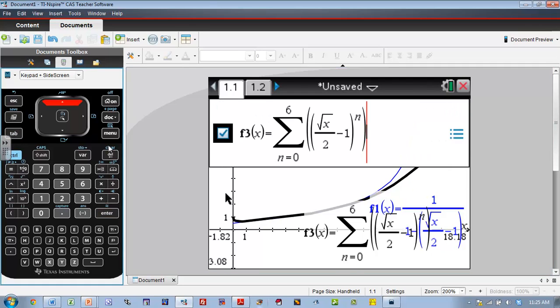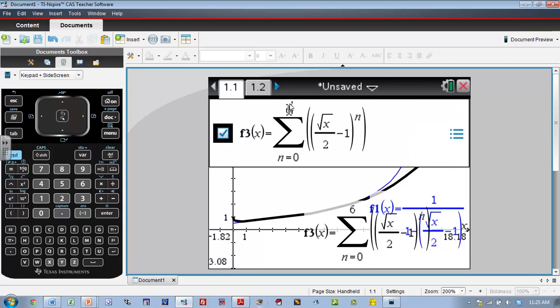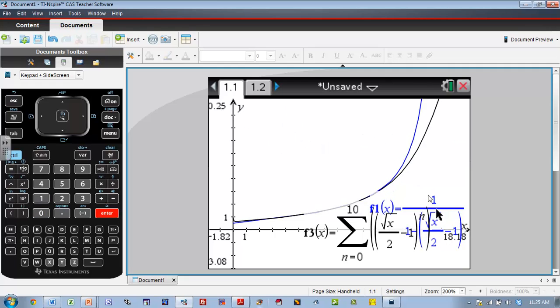How about we put not 6 but 10. Oh yes, you can see it getting closer, and it seems reasonable that that 0 to 16 interval looks like it's happening.